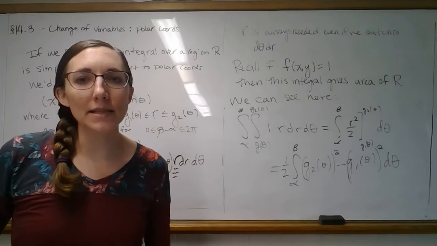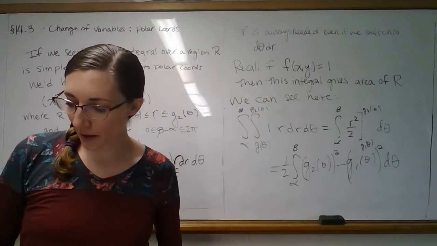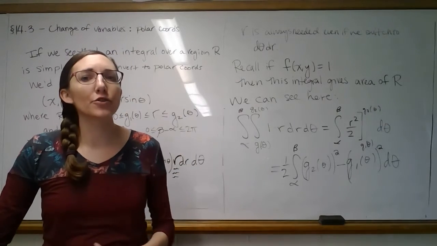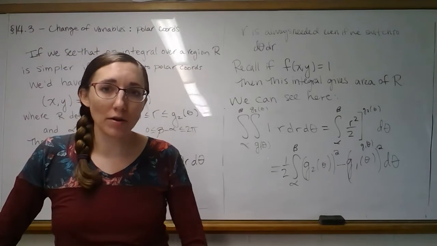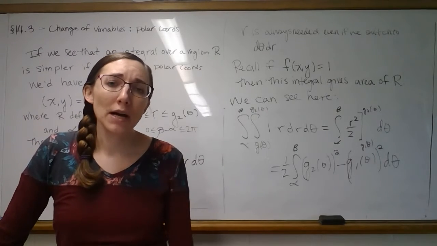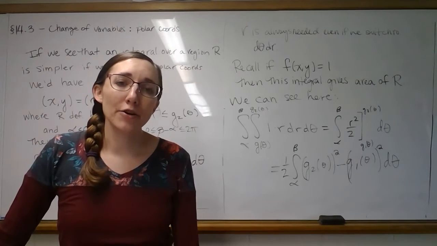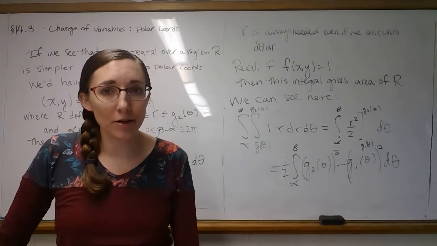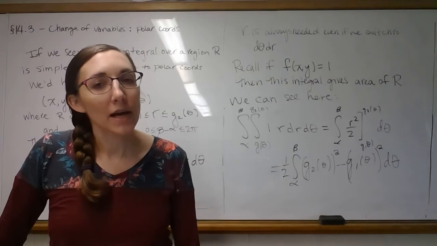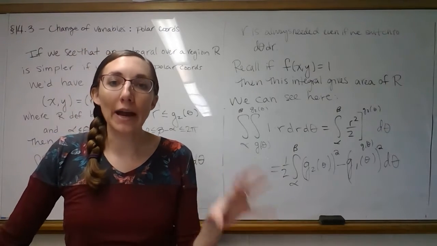It kind of makes sense that the two would have to be different, that we would need something like an r in there, because when we did area under a curve with rectangular coordinates, all we had to do is integrate the function. When we do area under a curve for a polar curve, we need 1/2 times the function of r squared, because they use different area formulas.